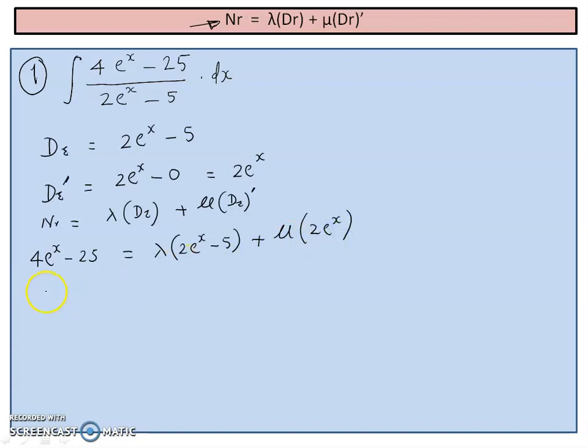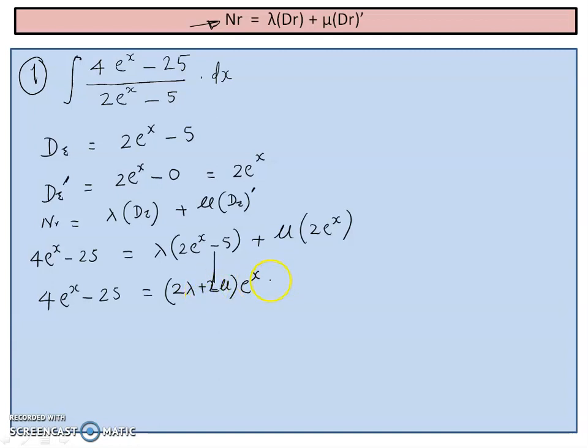So what happens? 4e raised to x minus 25 is equal to e raised to x, and what will be the coefficient of e raised to x? 2 lambda plus 2 mu.